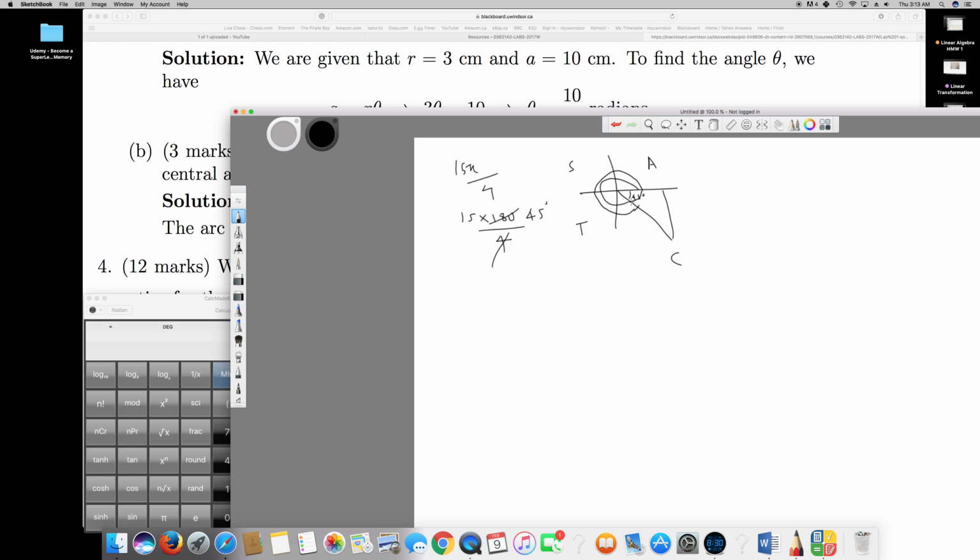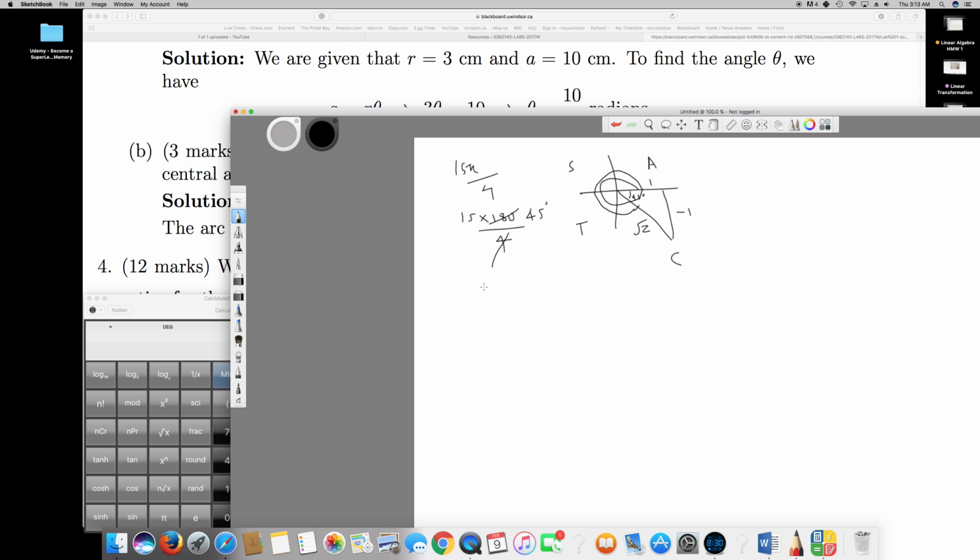So first of all, what is cosine? Sine 45 is equal to 1 over root 2, and in this case sine is negative. Sine means opposite over hypotenuse, so the opposite side is going to be negative 1, the hypotenuse is going to be root 2, and cos is going to be positive 1 over root 2, so the adjacent is going to be positive 1.